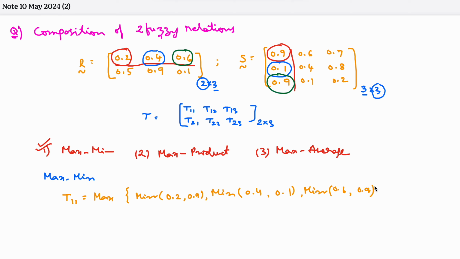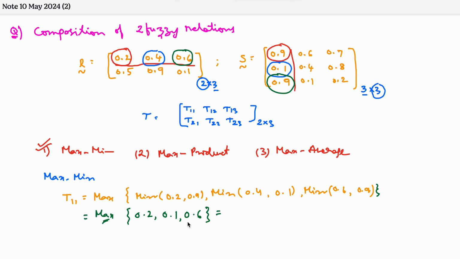Now I have to find out this. Now how can I proceed? It is very simple now. Maximum of minimum of 0.2 and 0.9 is 0.2, and minimum of 0.4 and 0.1 is 0.1, and minimum of 0.6 and 0.9 is 0.6. Now I need to find out the maximum out of these three.